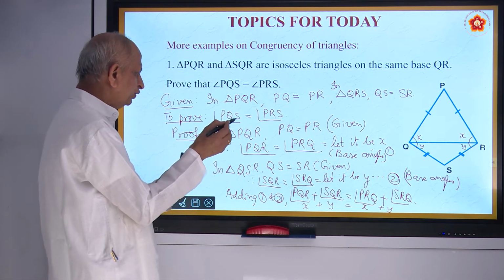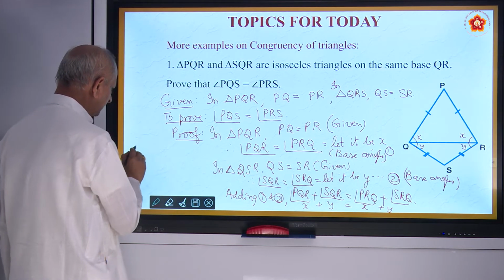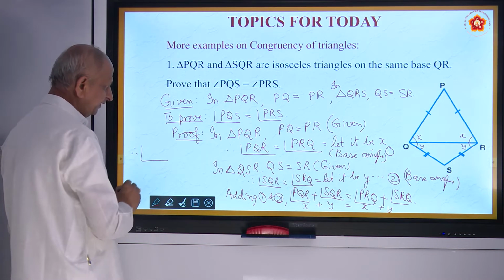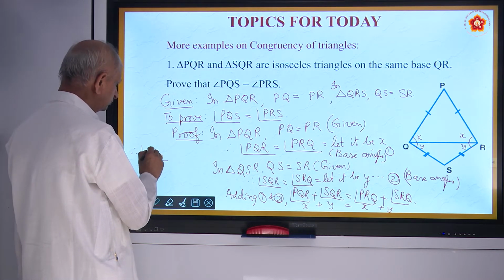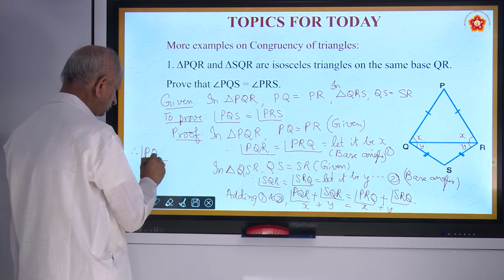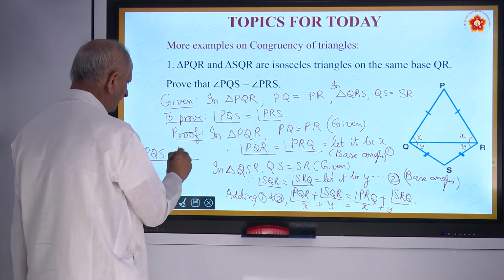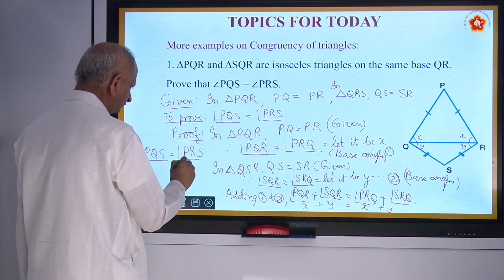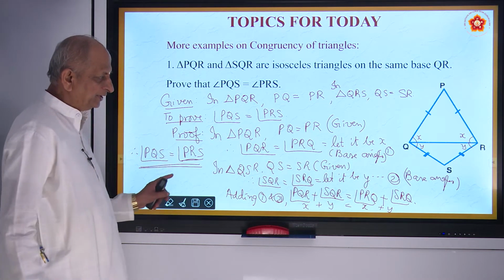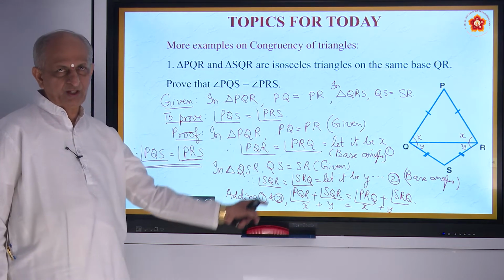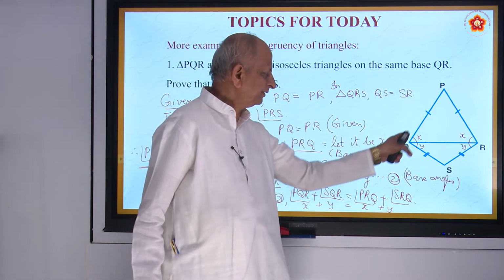But if you add all those two angles, what do you get? Therefore, the result is PQS is equal to PRS. That's all the result. So the final result is here. Noted all this? What did you do? First you took the big triangle.